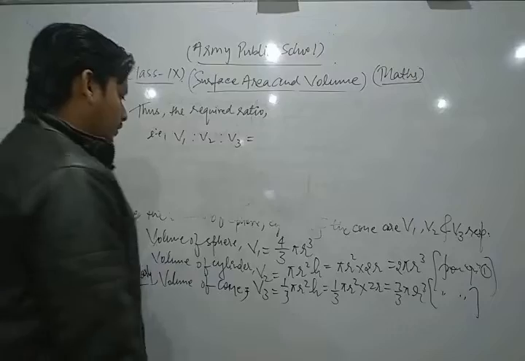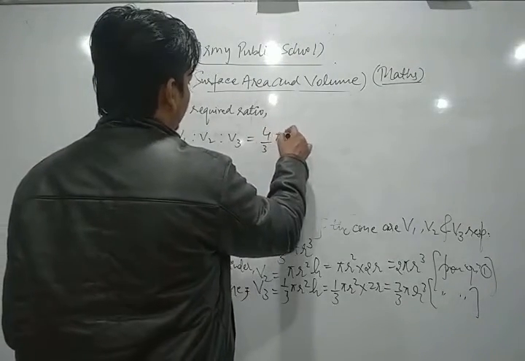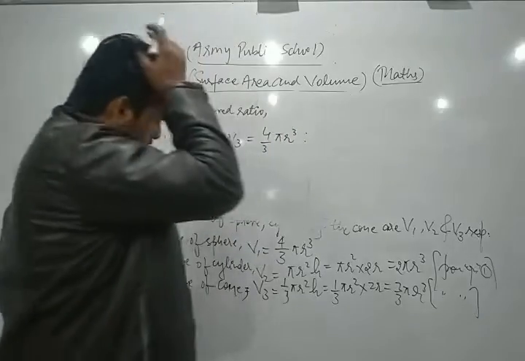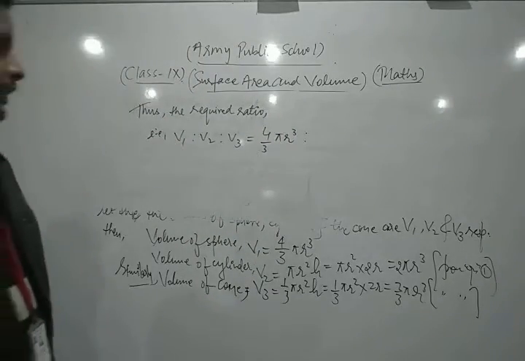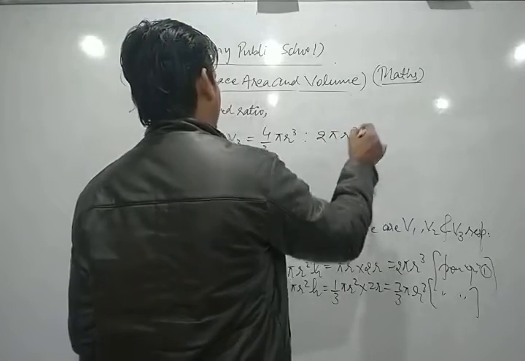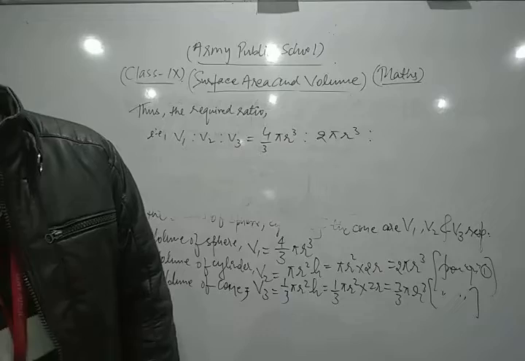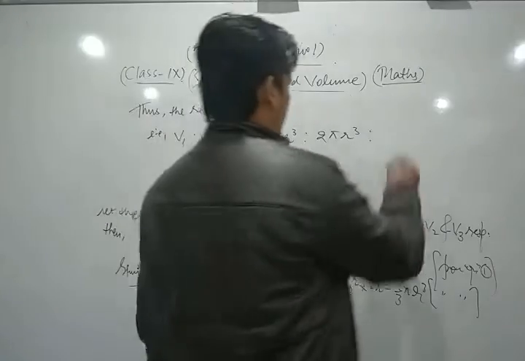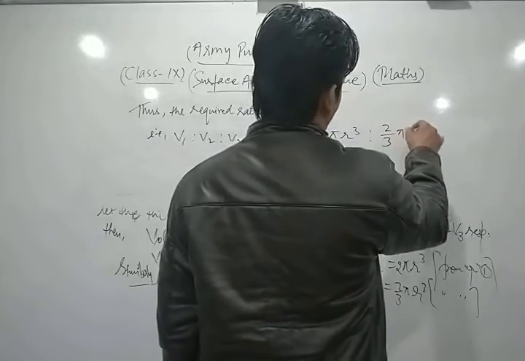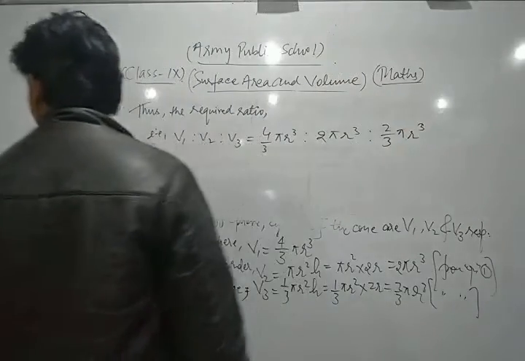So now V1 is what? That is 4 by 3 pi r cube. V2 is what? 2 pi r cube. And V3 is 2 by 3 pi r cube.